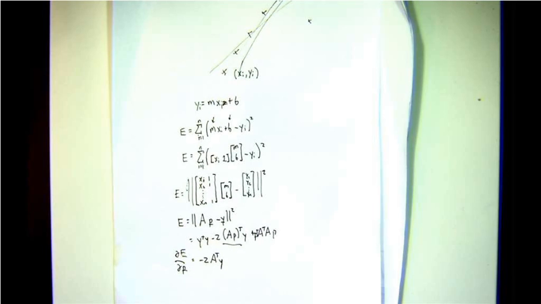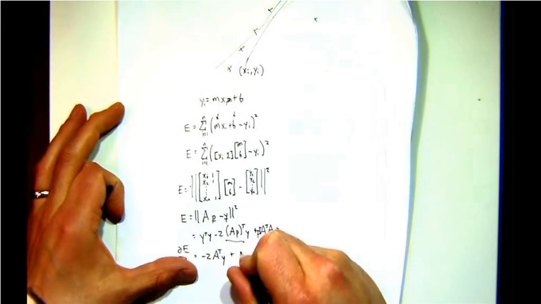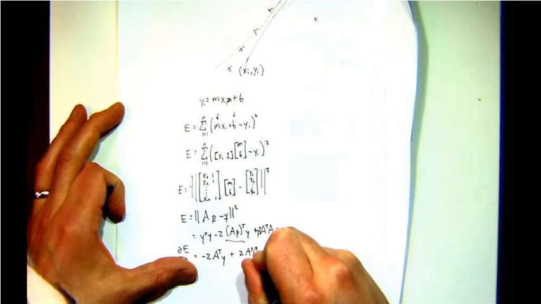Let me look at my notes, sorry about this. Oh, okay. So plus 2 times A transpose AP.